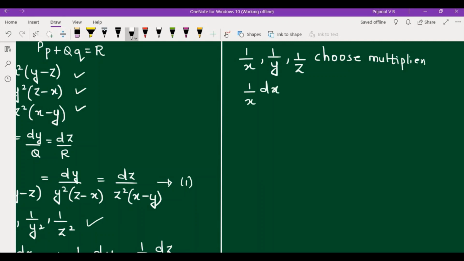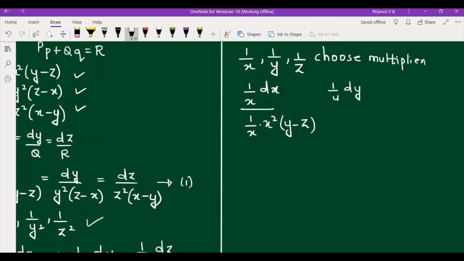So you get 1 by x dx. I told you, you have to multiply 1 by x to the numerator and denominator of the first ratio. Our first ratio was 1 by x into x square into y minus z, and our second ratio was dy.